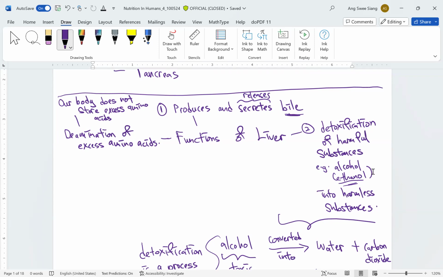This amino acid will then be transported around the body, and will be used by the body cells for growth of new cells and repair of damaged cells.